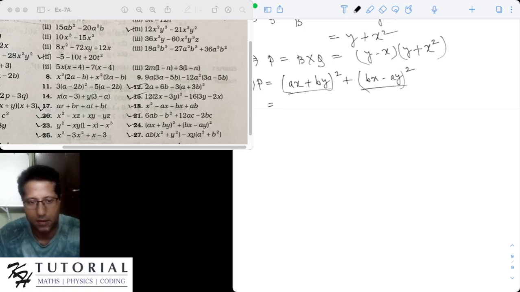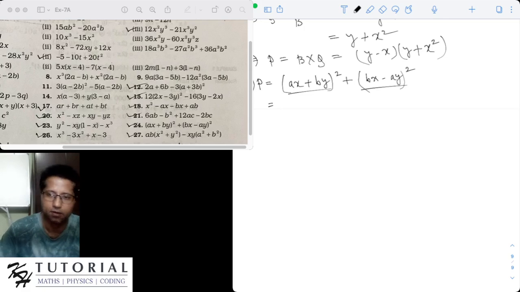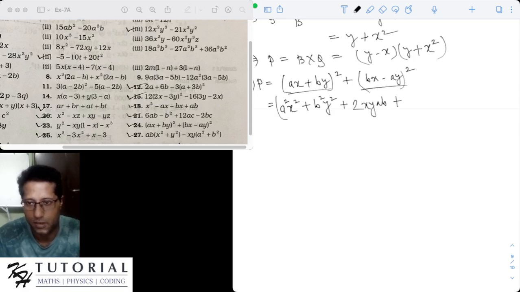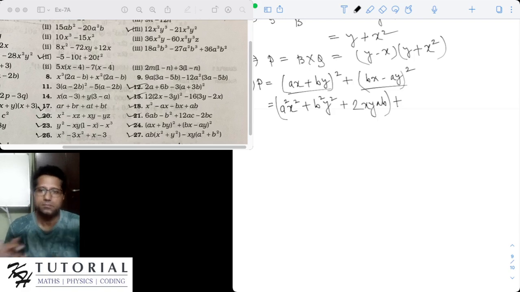So if I apply the identities of a plus b whole square and a minus b whole square, I get a square x square plus b square y square plus twice ab xy. This was the expansion of the first square.